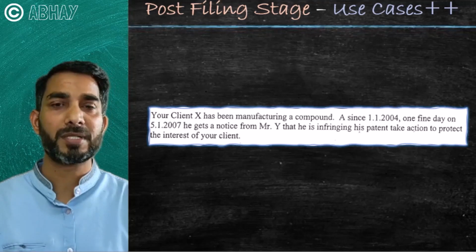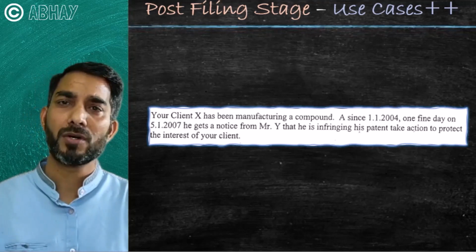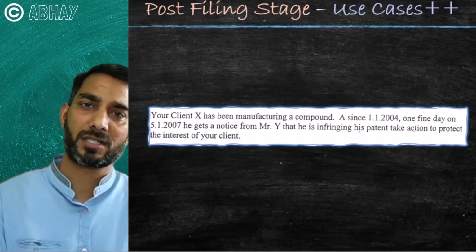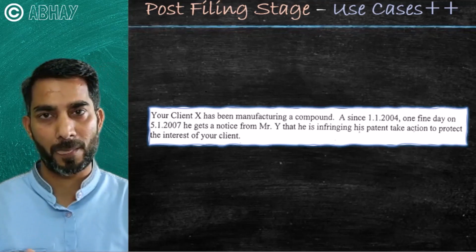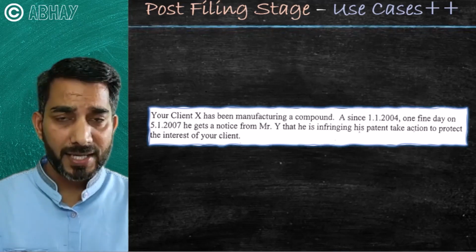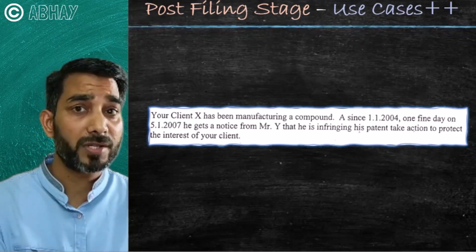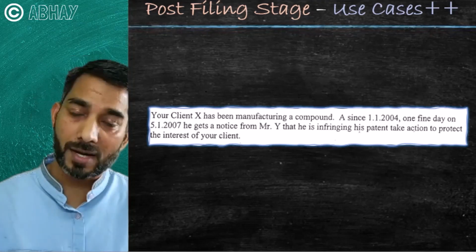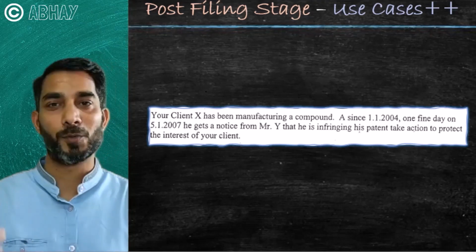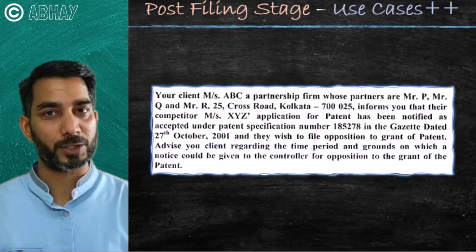If the patent has been granted recently, we will go with post-grant opposition within 1 year, or we will go for section 64, revocation of a patent. You can mention your understanding, mention the relief sought. Relief is to oppose, invalidate the patent, identify the sections, identify the grounds, define the process, and go ahead. Moving to the next one.